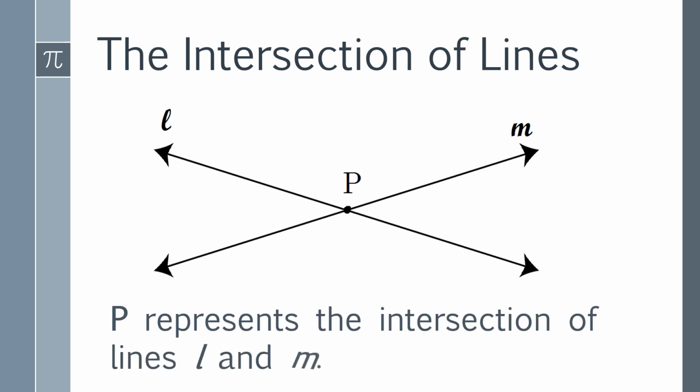Okay, so the intersection of 2 lines is always a single point.